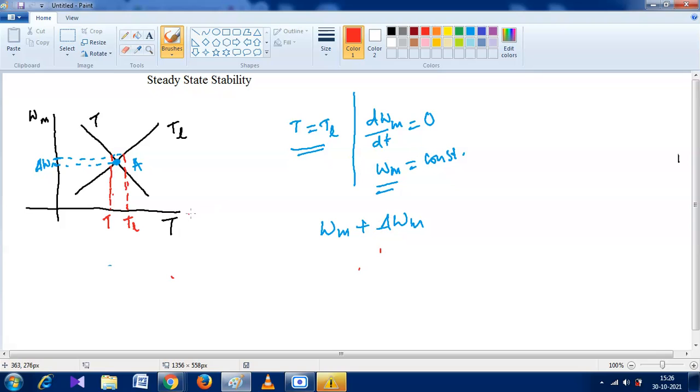Tell me which value is greater, TL or T? TL. If the value of TL is greater than T, what will happen? Deceleration. So the speed decreases. And what is the operating point at that time?